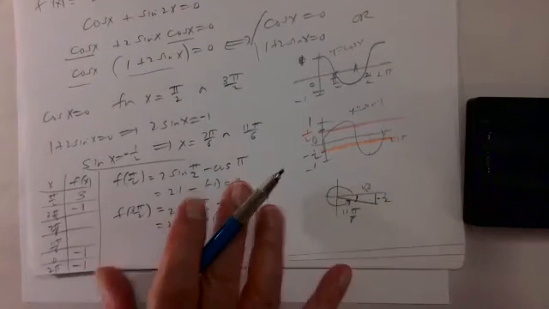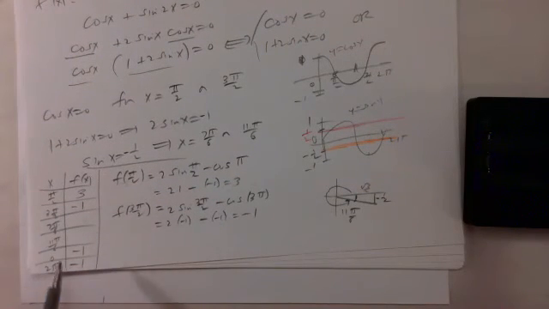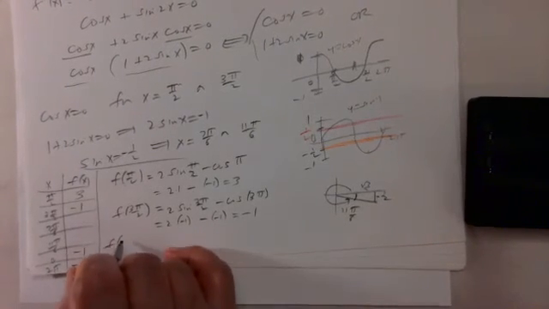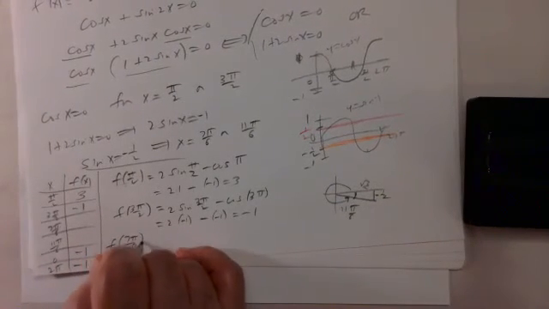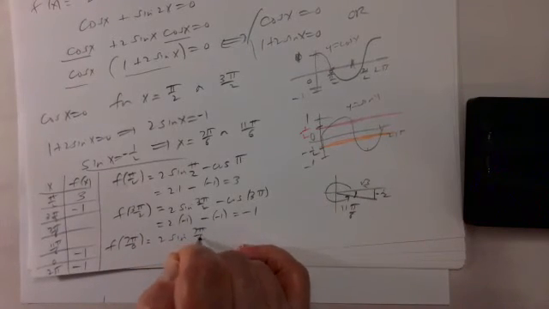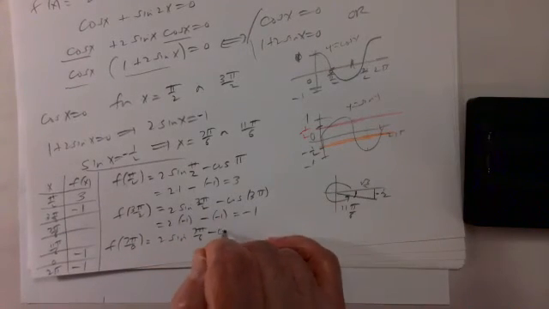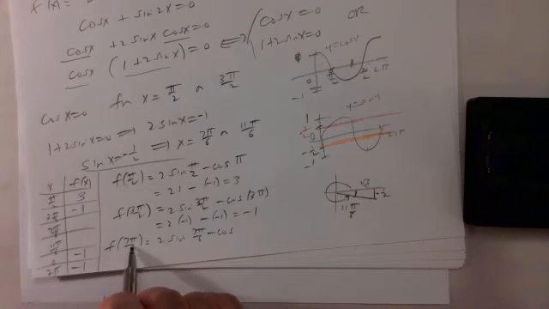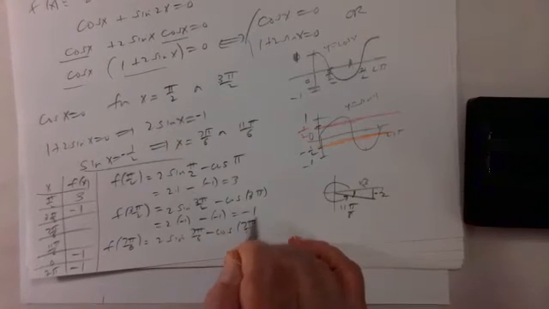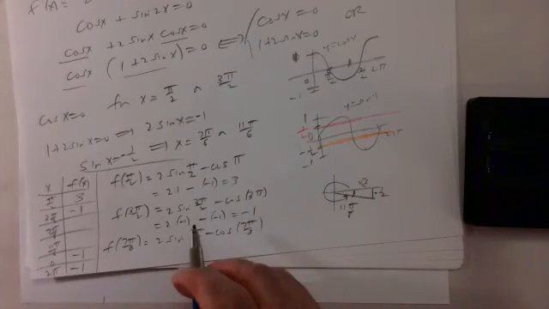I have to calculate 7 pi over 6 and 11 pi over 6. So f of 7 pi over 6 is 2 times the sine of 7 pi over 6 minus the cosine of 2 times 7 pi over 6, which is 7 pi over 3.